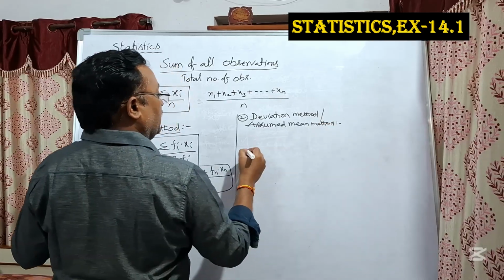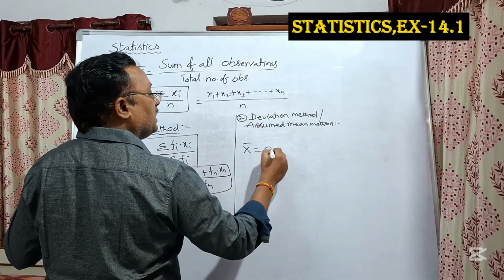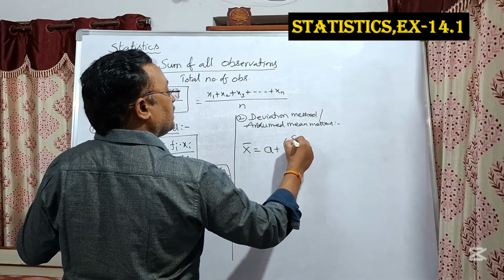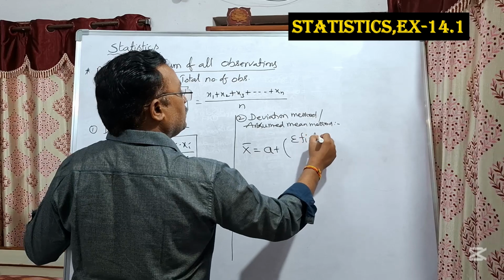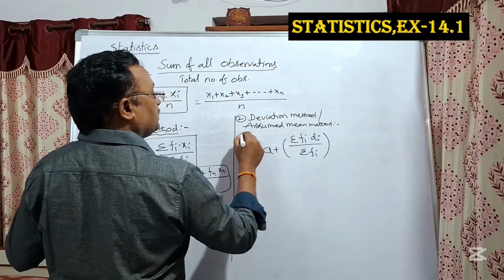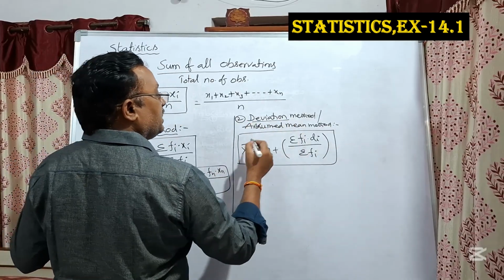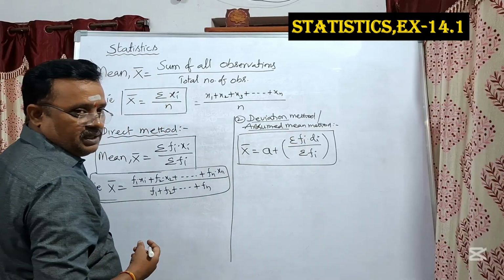In this method, mean x bar is equal to a plus sigma fi di by sigma fi. This is the formula for finding the mean using the deviation method or assumed mean method.